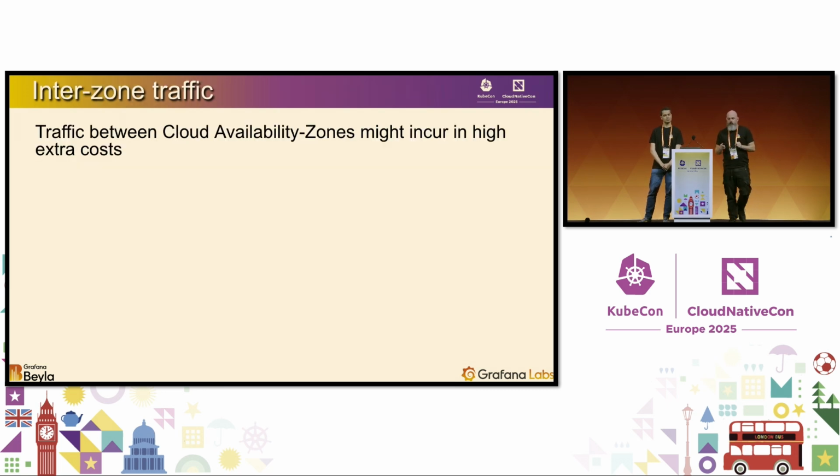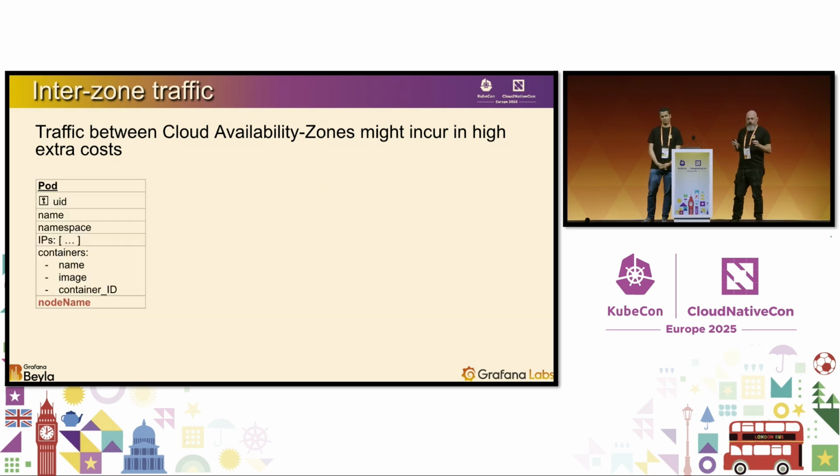We can also do some interesting things like track inter-zone traffic. That means that, thanks to this network observability, we can inspect which zones are calling each other in the different clusters. This is very interesting because we can infer the cost between zones.